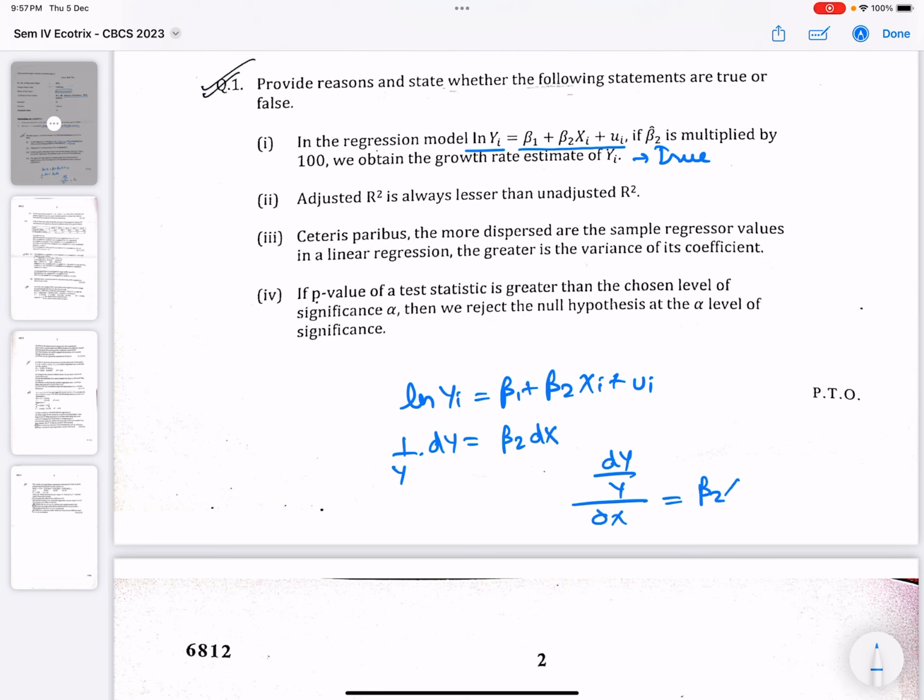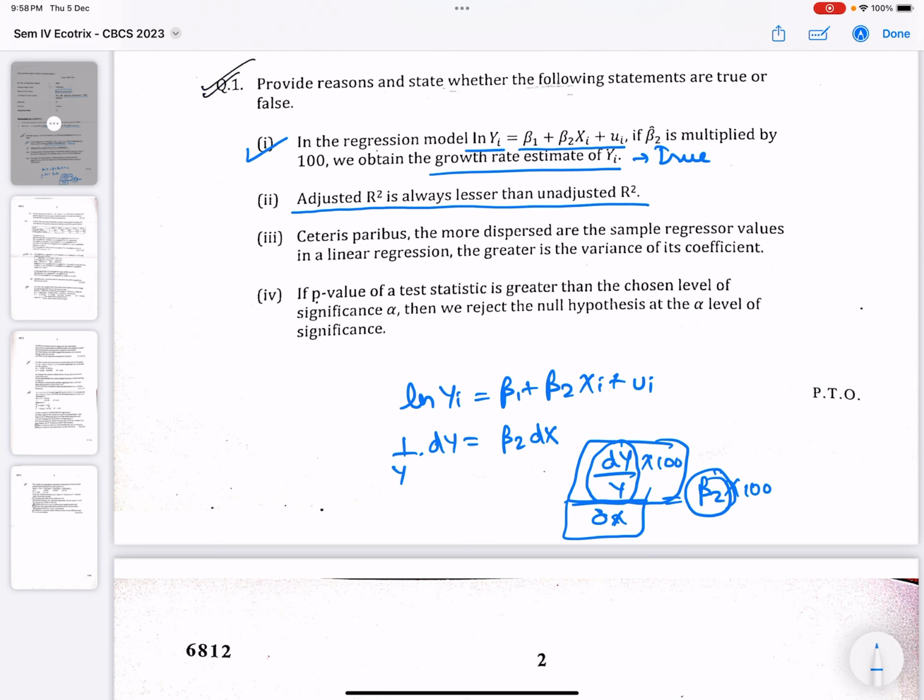Now if you multiply this by 100, this gives us the growth rate. So this is the relative change in y for an absolute change in x. So beta 2 into 100 would give us the growth rate estimate of y. So this is true.